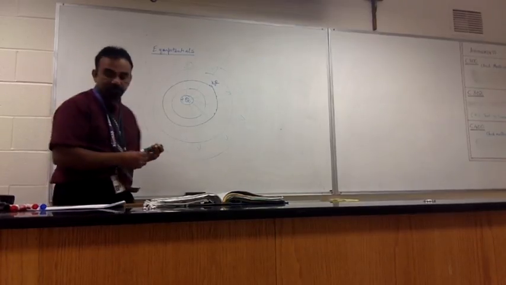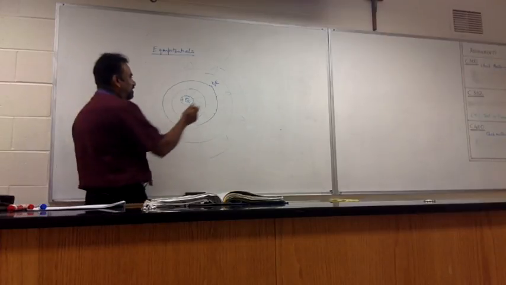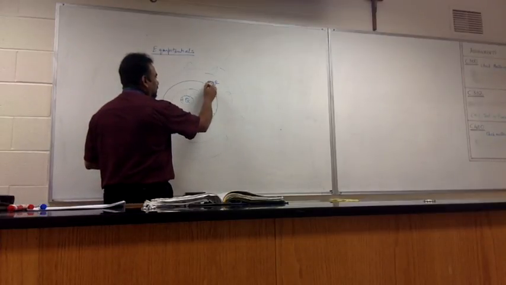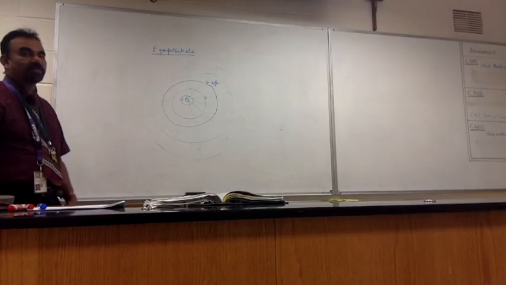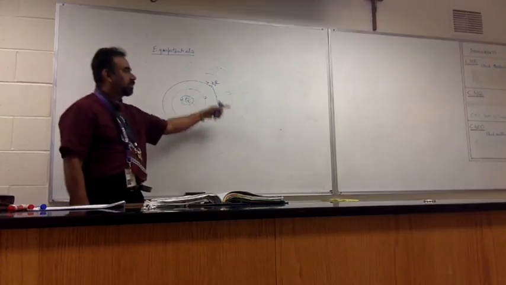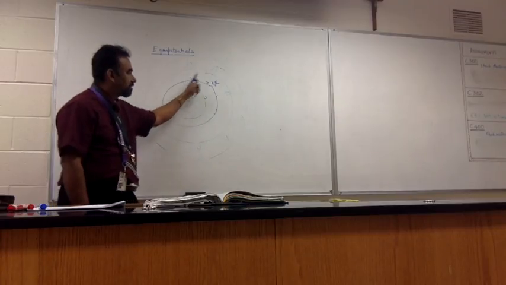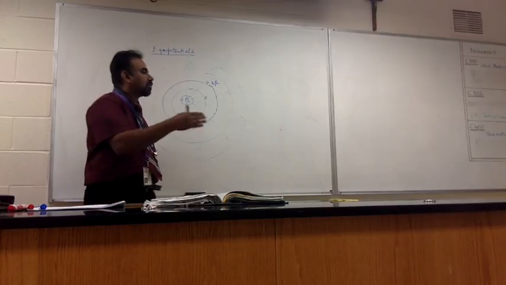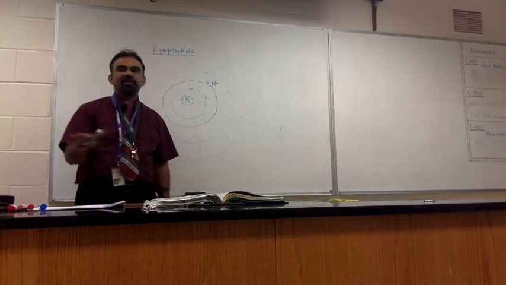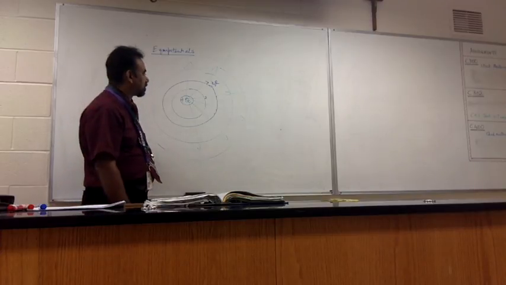The equipotential lines are always perpendicular to the field lines, always. So if you know how the field lines are going somewhere, you can actually figure out which way the equipotential lines are supposed to be.